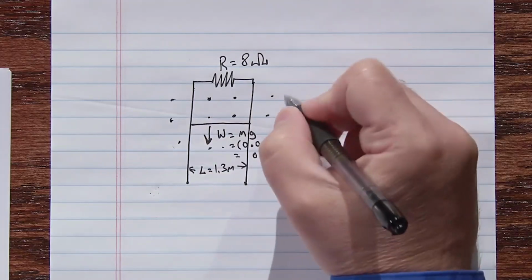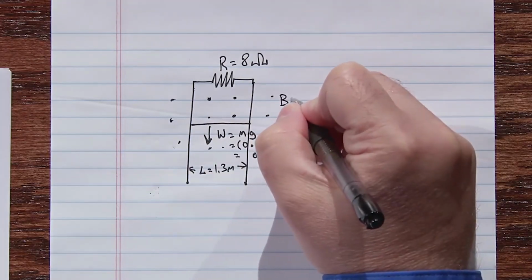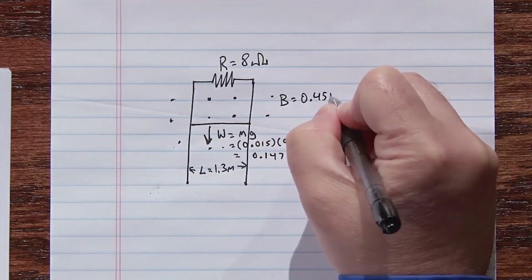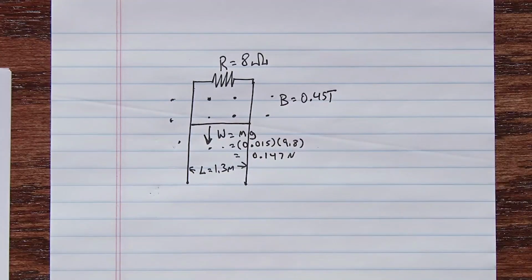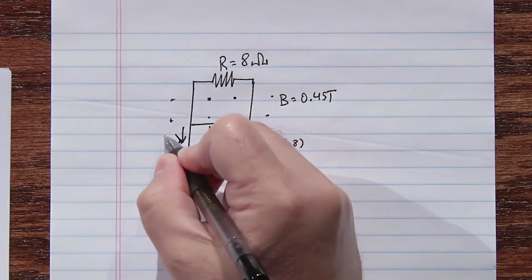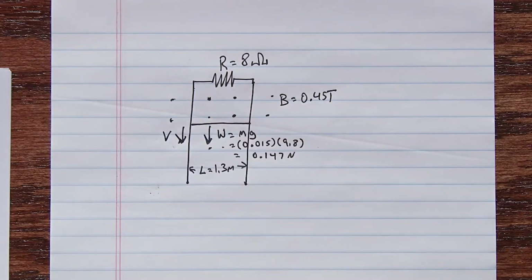I'll draw it in. And the magnetic field strength is 0.45 Tesla. And we know the rod will be moving down with some V that we don't know.